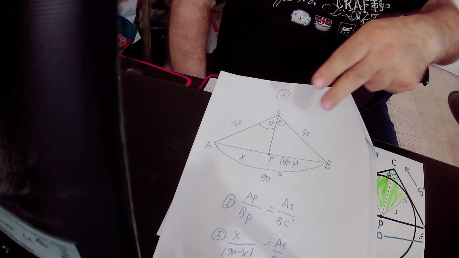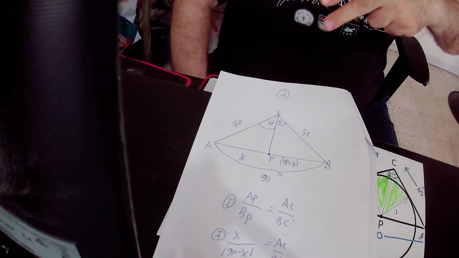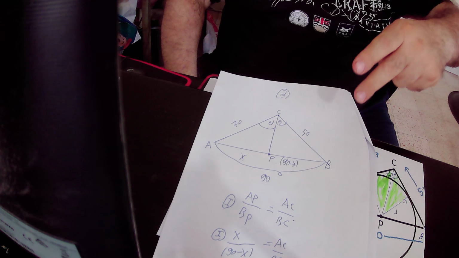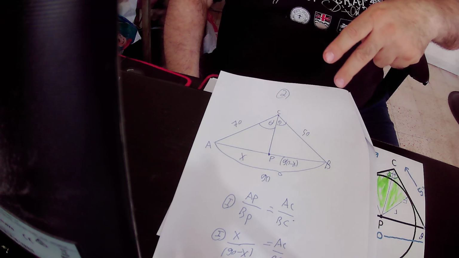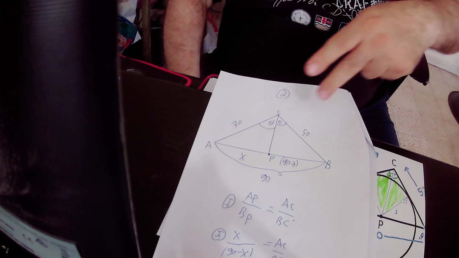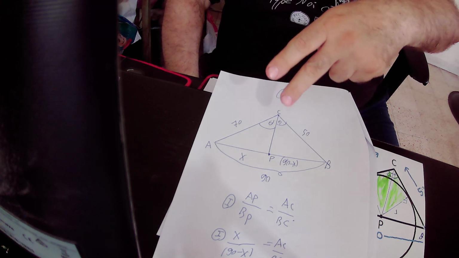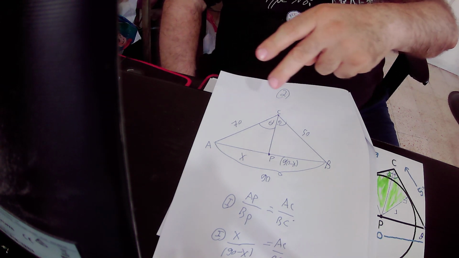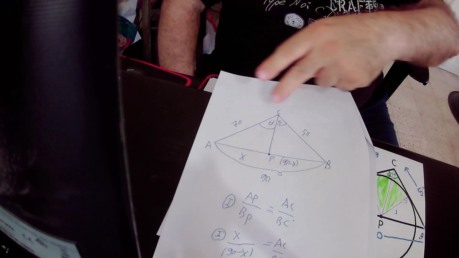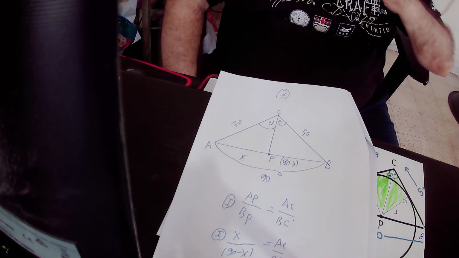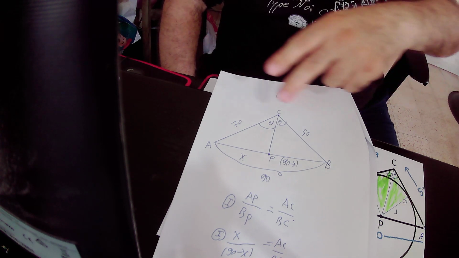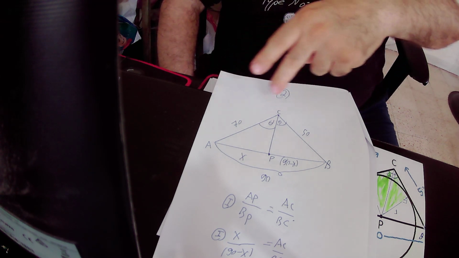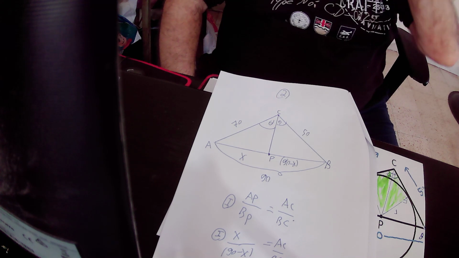That is to say AP over BP equals AC over BC, because the angle bisector divides side AB in the same ratio as the ratio of the sides of the angle that is divided into two equal parts. So AP over BP will be equal to AC over BC.